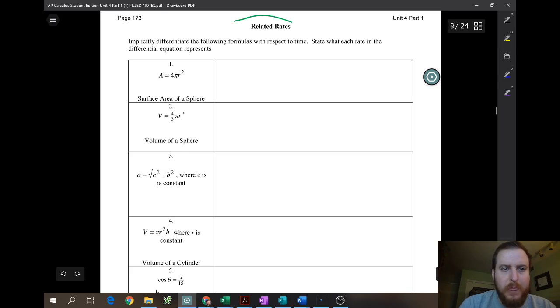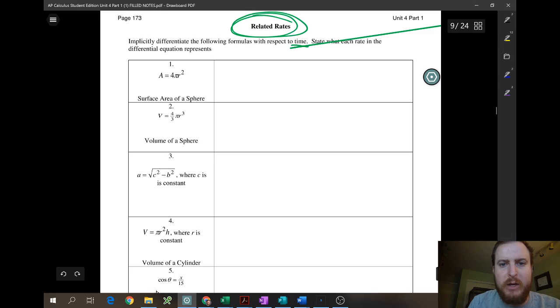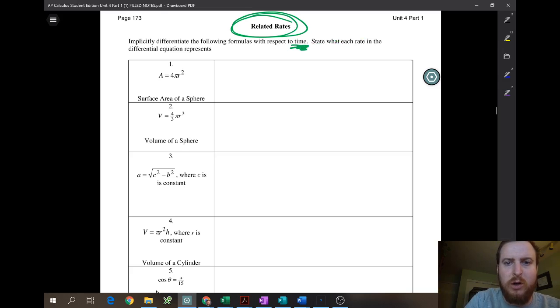So, anyways, the questions relate a lot to implicit differentiation, but we're taking the derivatives with respect to time, and that's important. Anytime we see the word rate, we want to associate it with time. So instead of d dx, which is almost every derivative we've ever done so far, now we're going to be doing d dt.